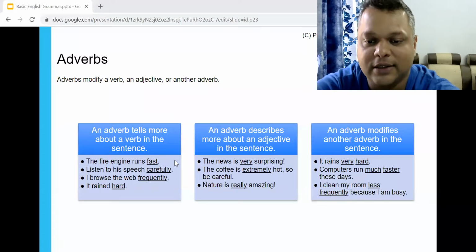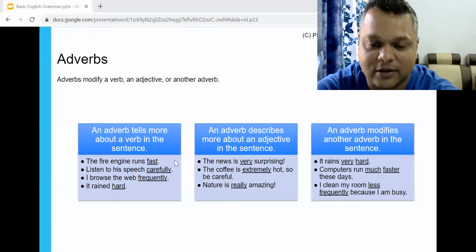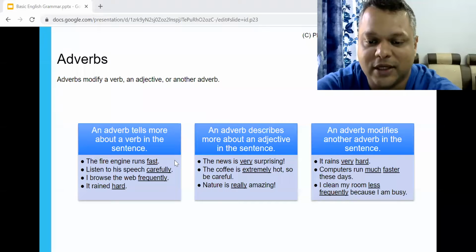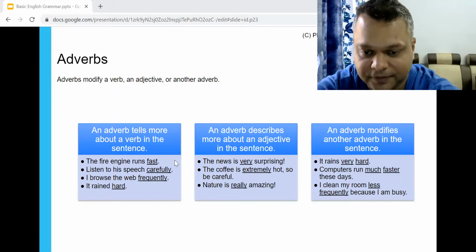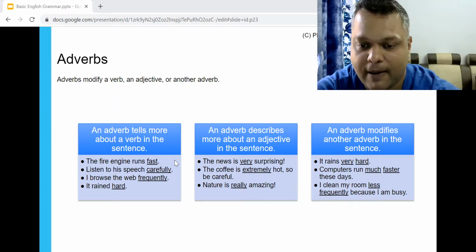Okay, it's describing the verb in the sentence. Now, the second one is an adverb describes more about an adjective in the sentence. So say, for example, the news is very surprising. Now, what is the adjective here? Can someone tell me what the adjective is in the sentence? The news is very surprising.